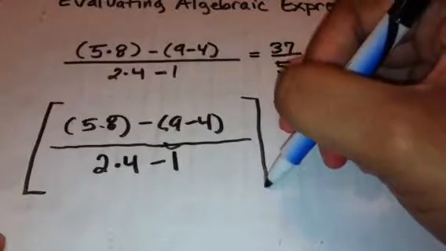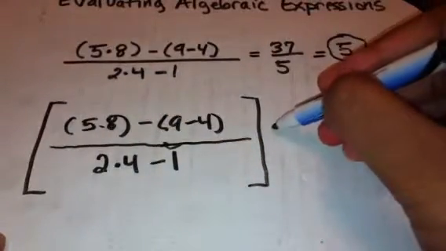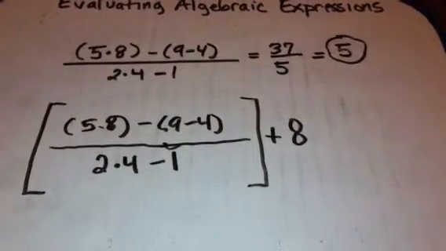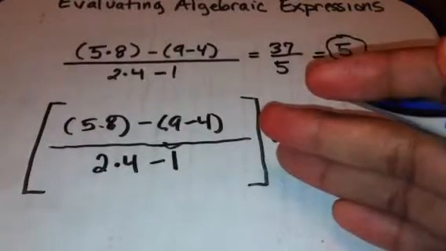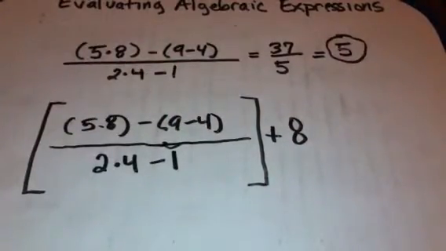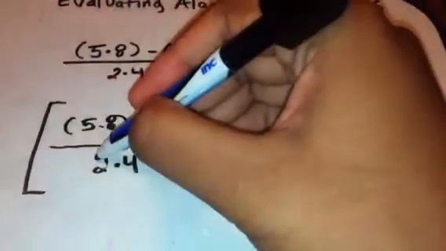If all of this was in a bracket in and of itself, and we had something like plus 8. Now, notice since the 8 is not directly beside that bracket, there's a plus sign in between, so we would in fact get the total from all of this and then add 8.